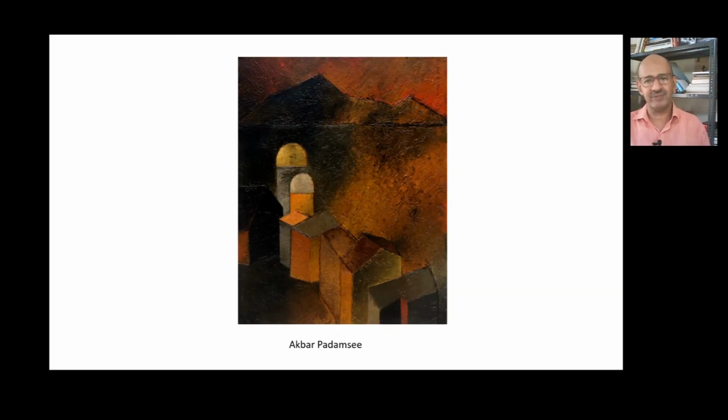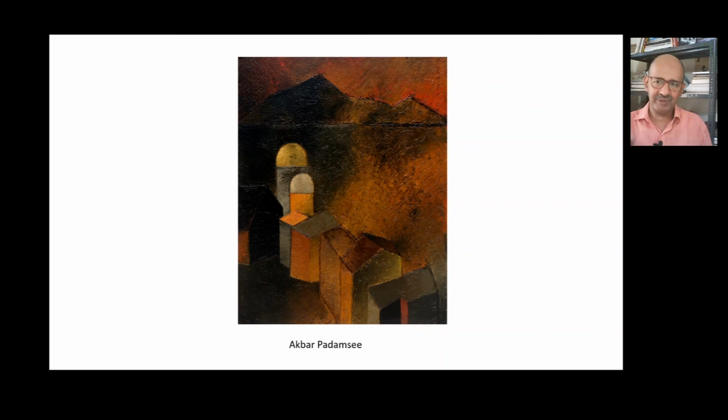We also have Akbar Padamsee, again a close friend of progressive artists group in Bombay. He never joined the group literally, but he was a good friend of all the members in that group, and once in a while he also participated in their joint shows, group shows.